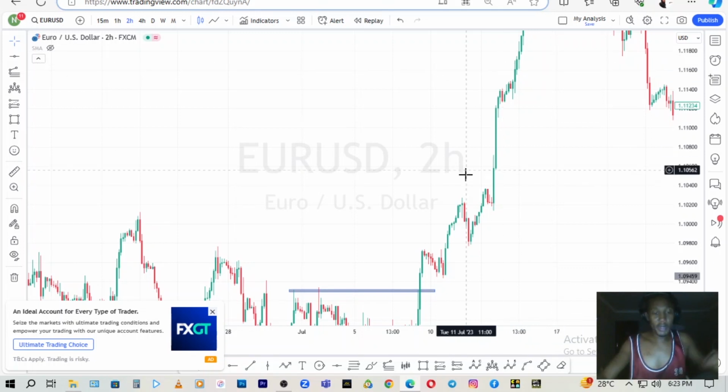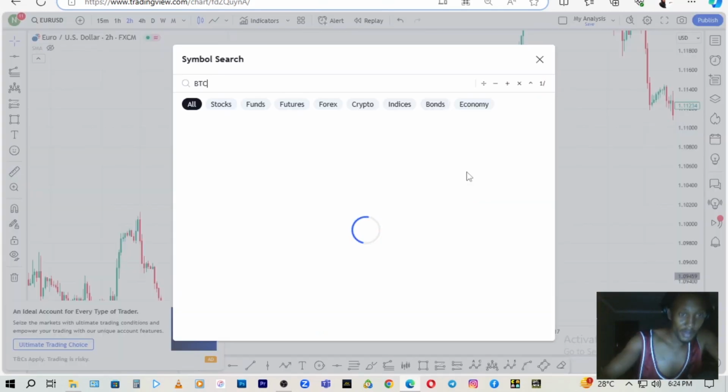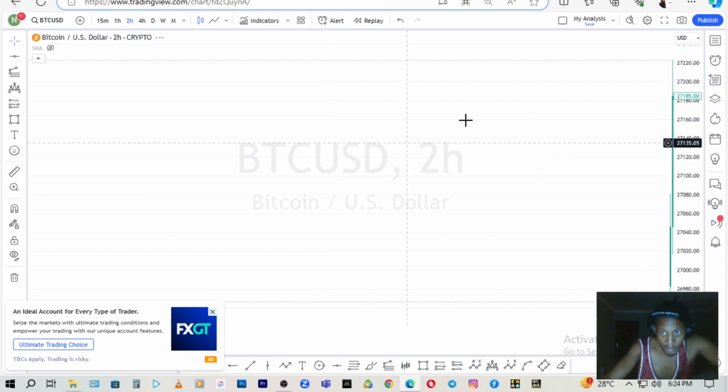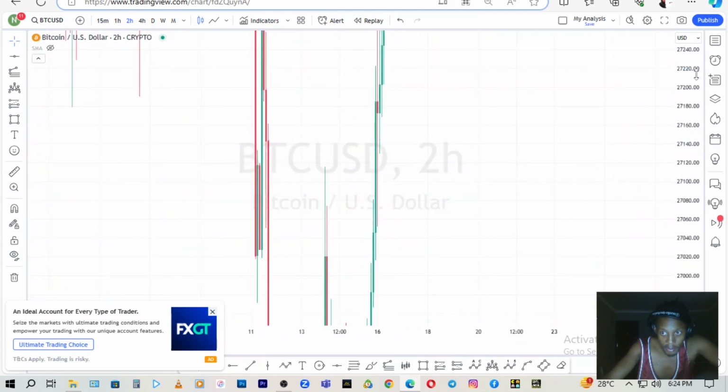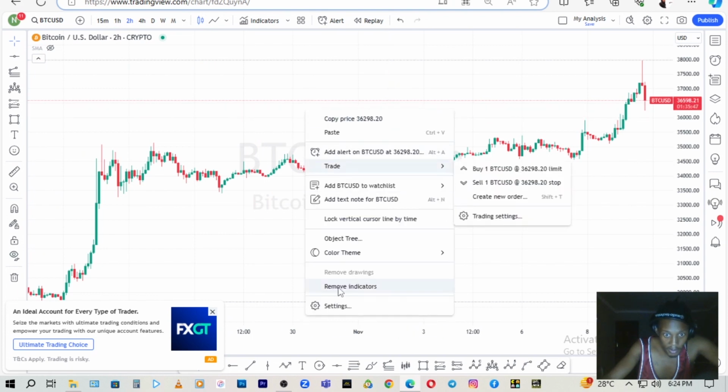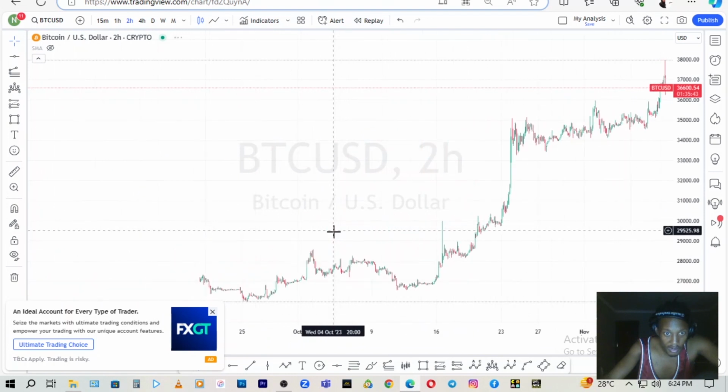Let me just open BTC. Okay, I remove everything. It doesn't have any drawings.